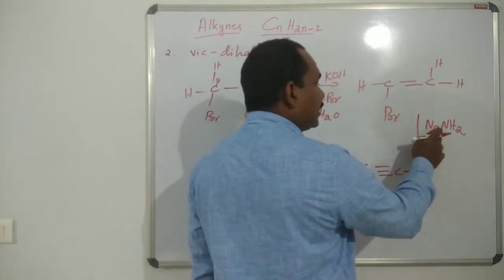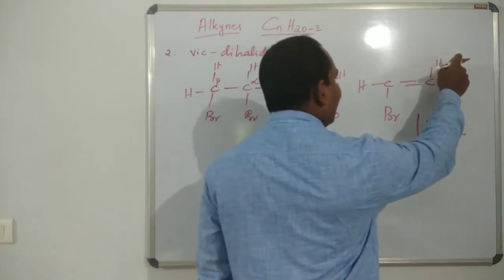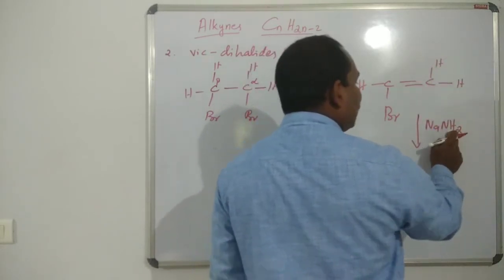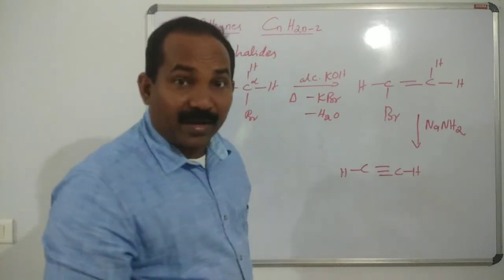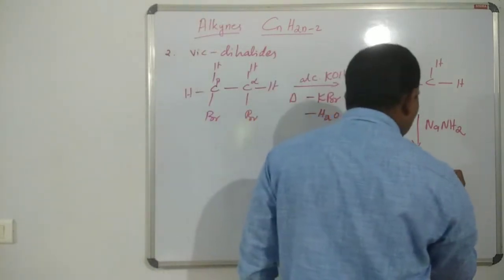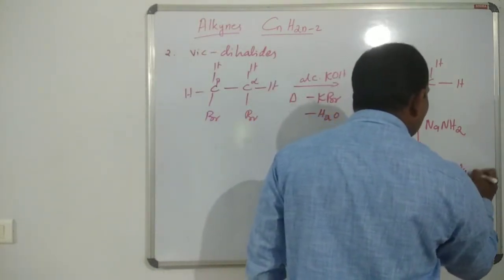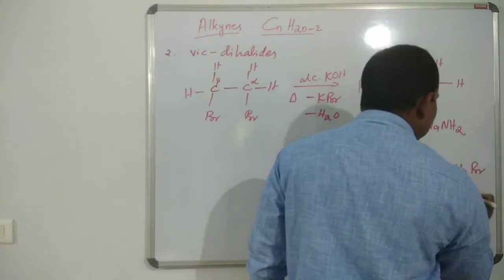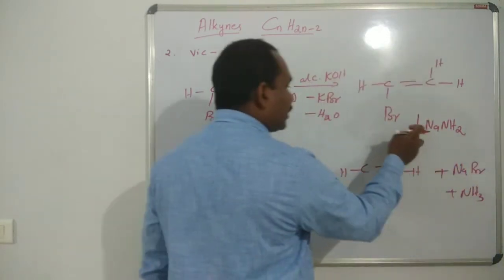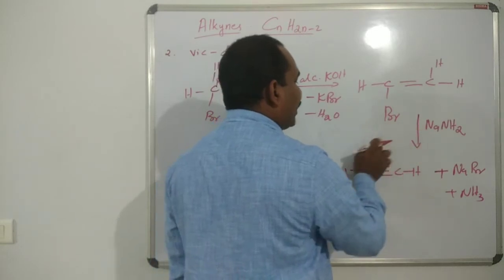This bromine is taken by sodium, and one of the hydrogens is taken by the NH2 group. So what we get? Plus NaBr plus NH3. Or you can write minus NaBr, minus NH3.